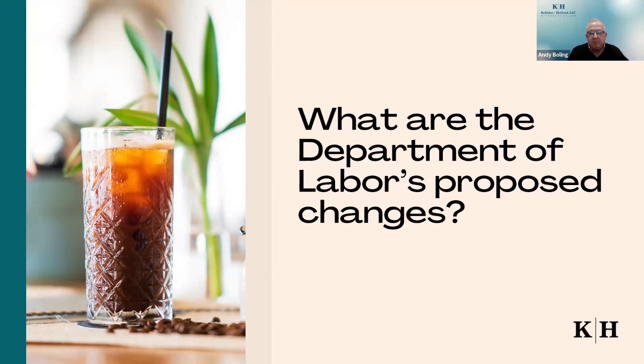The current minimum is $684 per week, roughly a little over $35,000 annualized. This will increase to at least $1,059 per week, or just over $55,000 on an annual basis. It could be higher, as I'll talk about in just a minute.